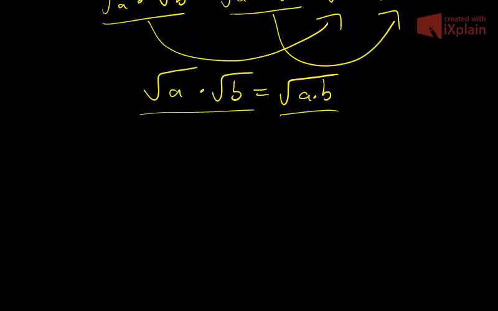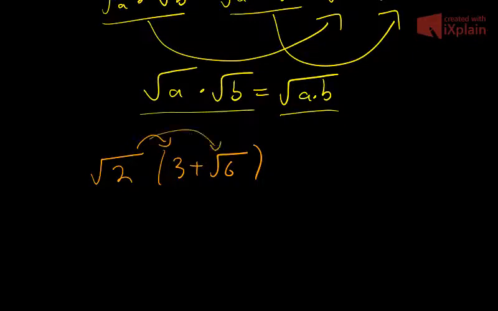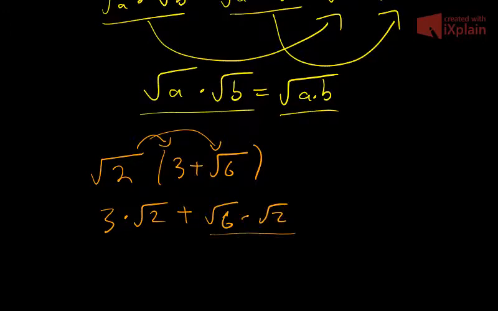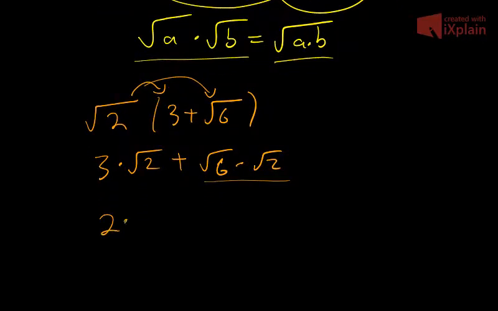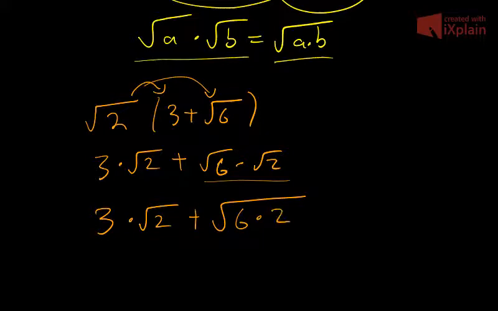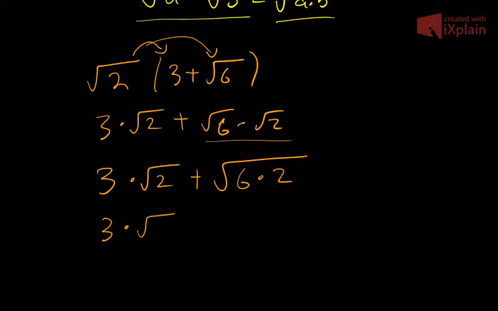So one of the harder problems from this lesson is just using this with the distributive property. So the square root of 2 times 3 plus the square root of 6. I would be able to distribute this here. I have 3 times the square root of 2 plus square root of 6 times the square root of 2. And I know that root 6 times root 2 is going to be the same as, actually write a 3, 3 root 2 plus square root of 6 times 2, or 3 root 2 plus the square root of 12.